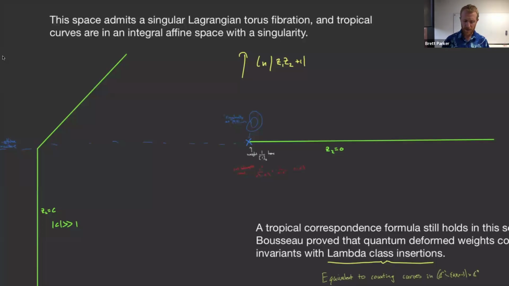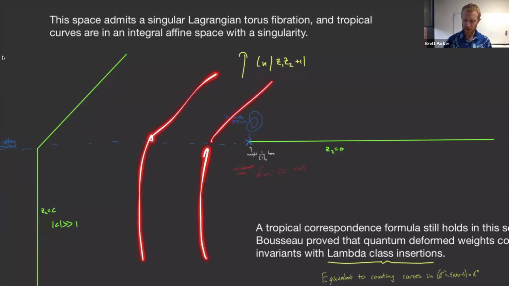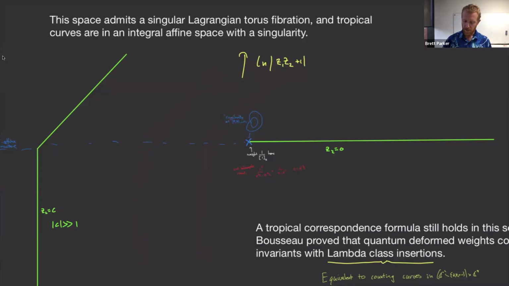But you can consider making that constant smaller and smaller. It moves along this direction until it passes over this singular point, where you see it's not allowed to bend like that. The balancing condition has to hold. So you see a holomorphic curve looking like this.